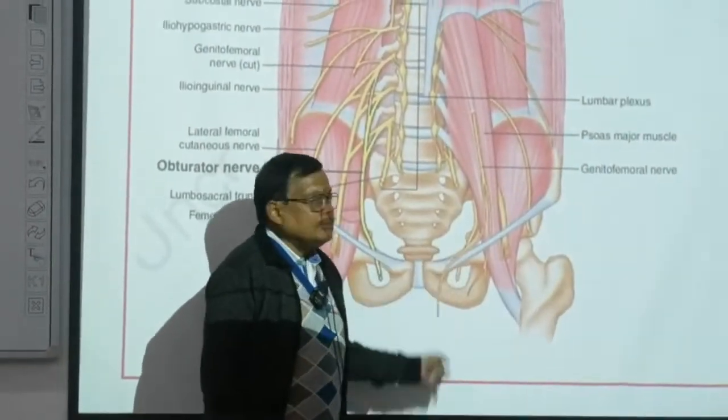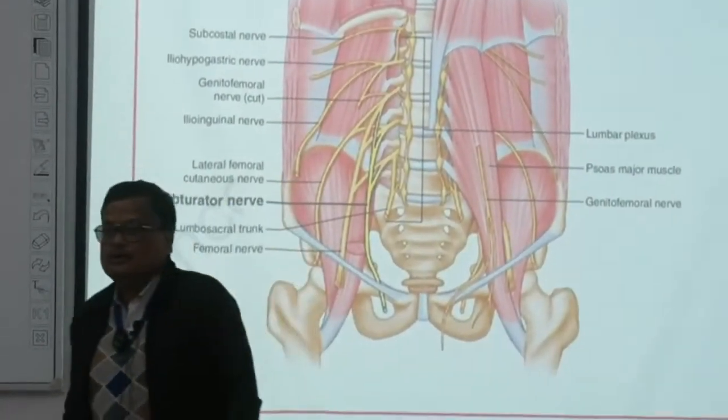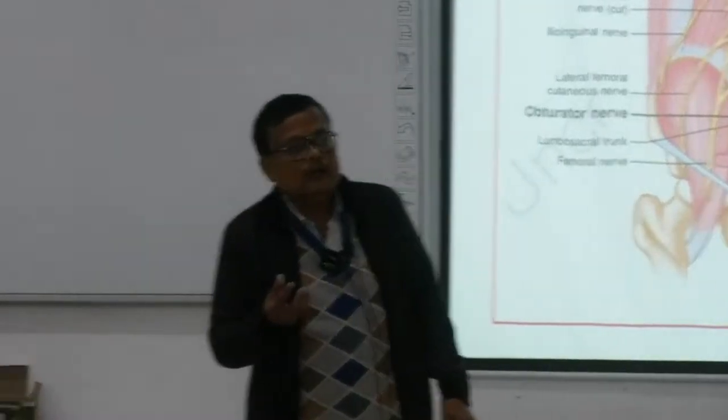And what did I say before, let me just say one thing, this genital branch supplies the cremaster muscle. Cremaster muscle is related to the testes.